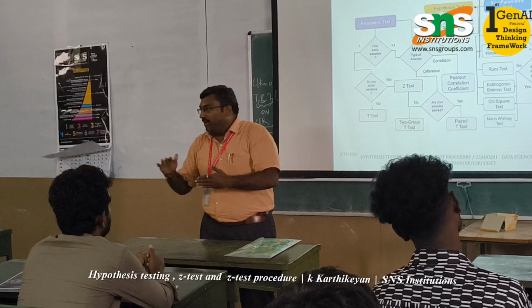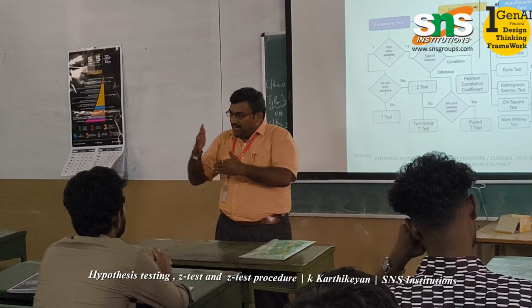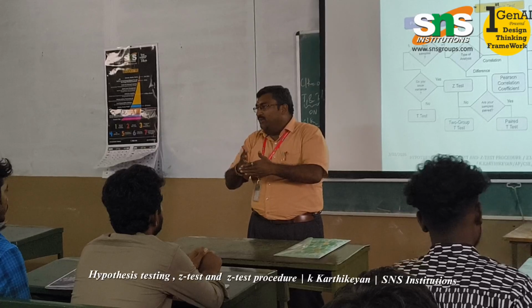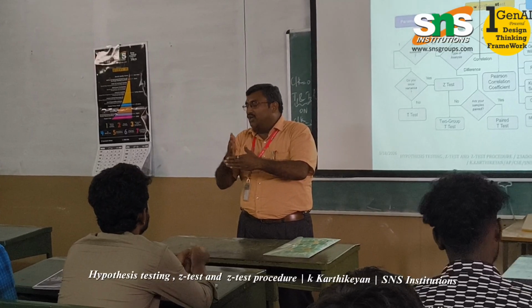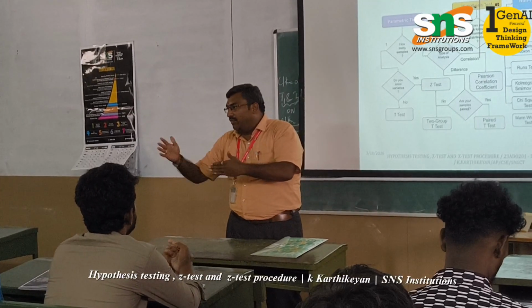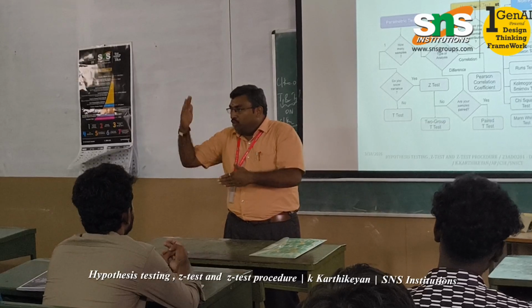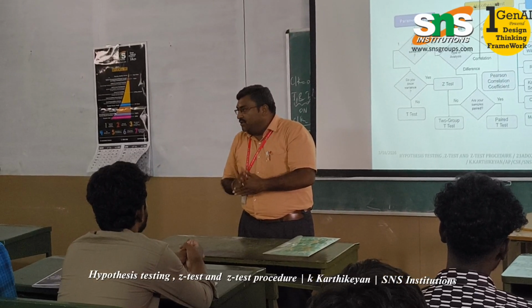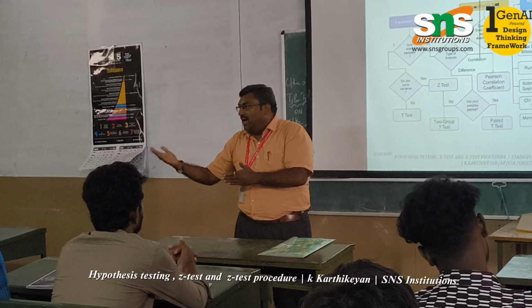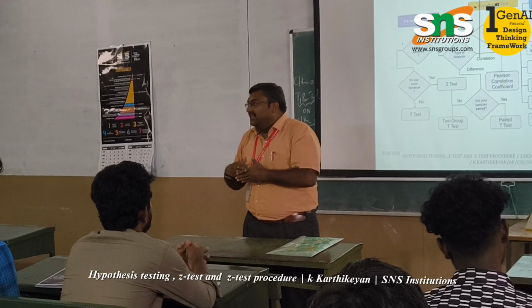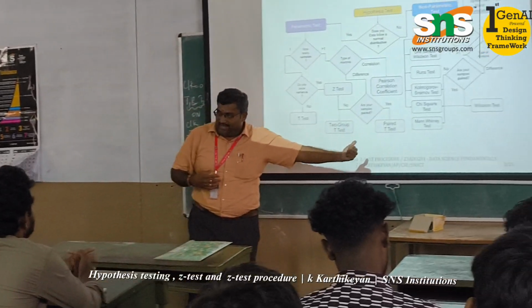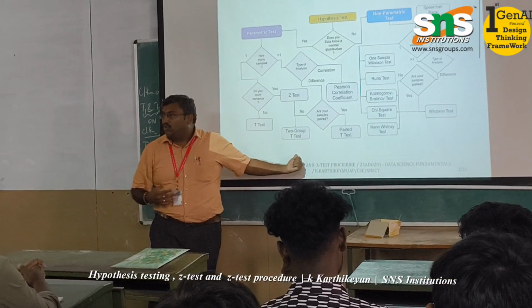For example, 92 to 120, there is no problem; you are not affected. More than 120, you are affected, so you can take precautions. This is a way to analyze.